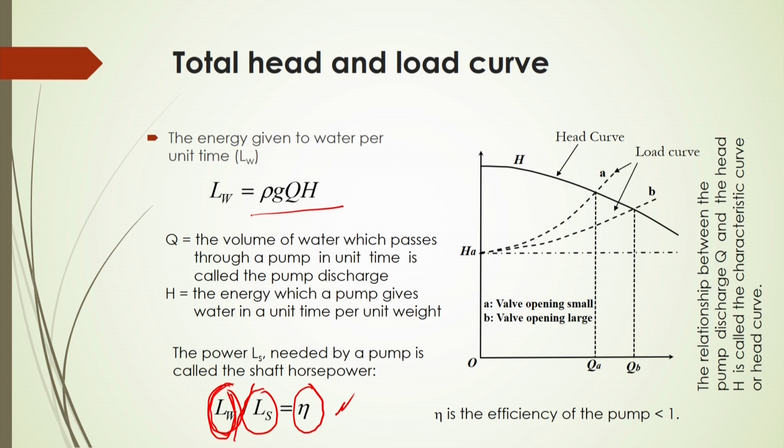So, if we consider the efficiency curves of this pump, or we can say the load curve or head curve of the pump, that is represented by this figure here. This is your H curve, the total head curve.